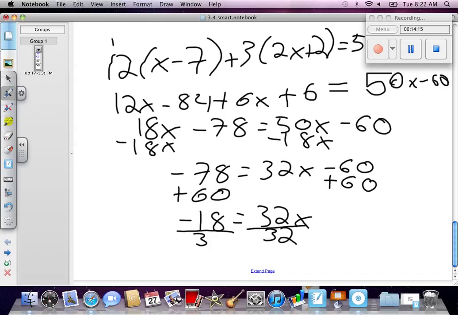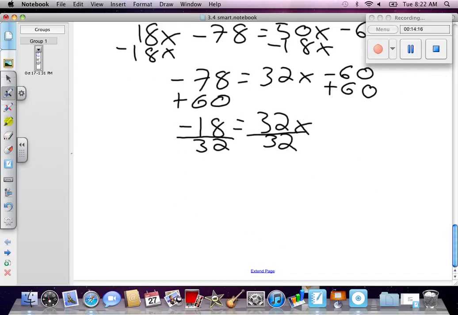Oh, I'm going to end up with a fraction. 18 over 32. I know my answer is going to be negative. What goes into both 18 and 32 evenly? 6. 6 goes into 18 3 times. Oh, 6 doesn't go into 32. 2 goes into it both times. 9. Half of 32 is 16. But again, you can just put that in your calculator.